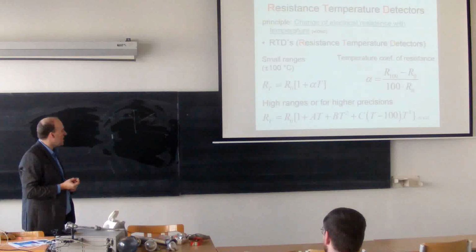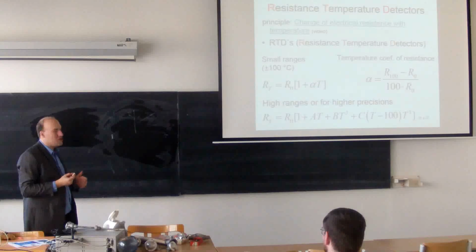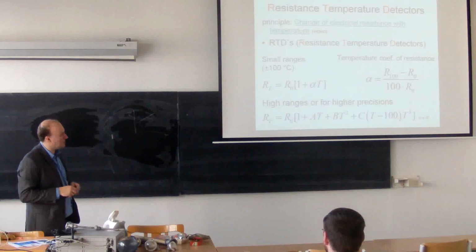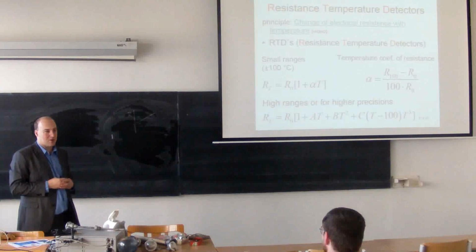It describes how the output of my sensor changes if I change the temperature. So the higher the temperature coefficient of resistance, the better for us, because it will give us higher sensitivity.